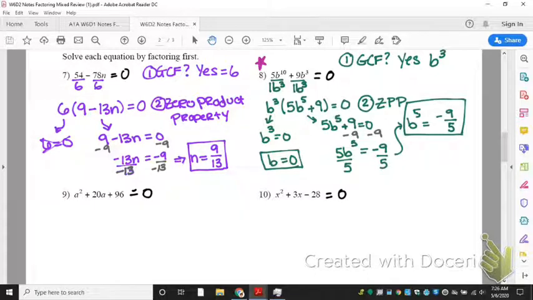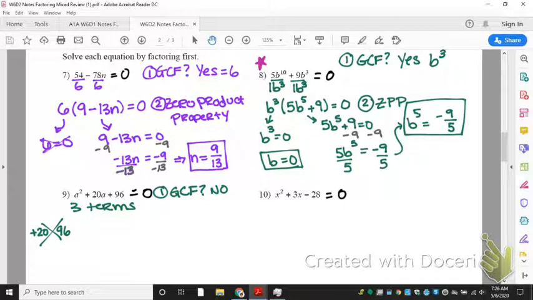Number 9. We have a squared plus 20a plus 96. What we're going to do is look for a greatest common factor. In this case, there is not a GCF. We have 3 terms, so I'm going to do my little diamond thing and look for 2 numbers that multiply to give me 96 and add to give me 20.